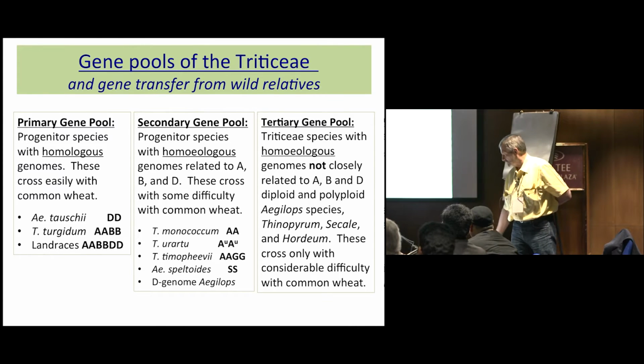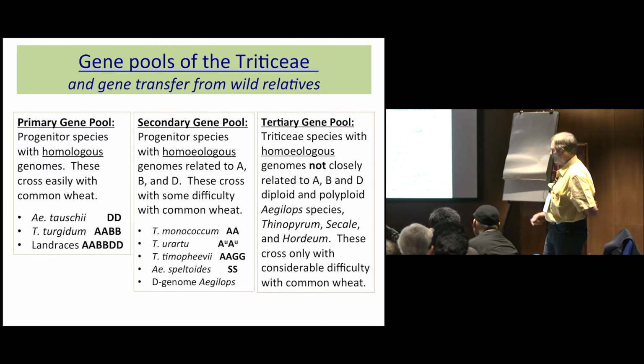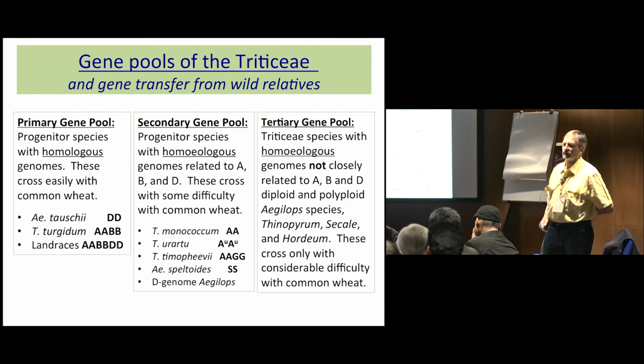And then, of course, there's the tertiary gene pool. These species have homoeologous genomes that are not closely related to A, B, and D: diploid and polyploid Aegilops species, Thinopyrum, Secale, and Hordeum. They cross only with considerable difficulty with common wheat.